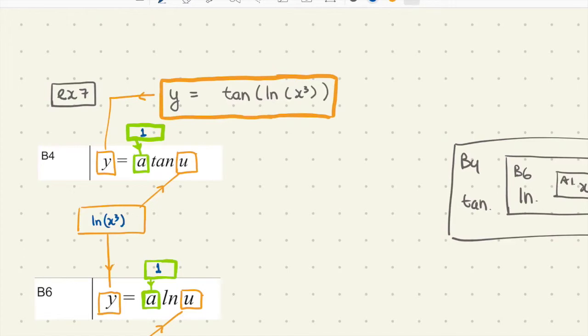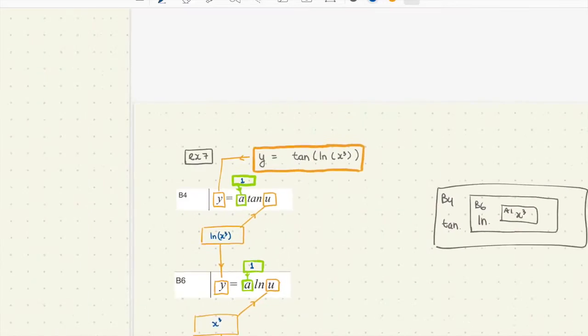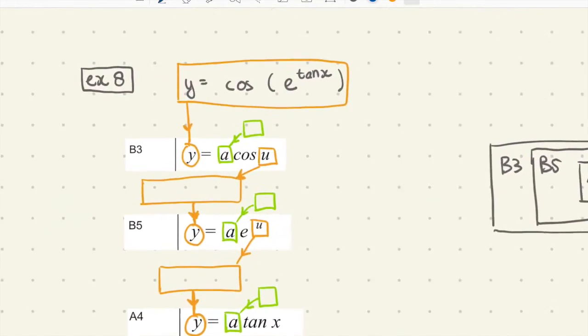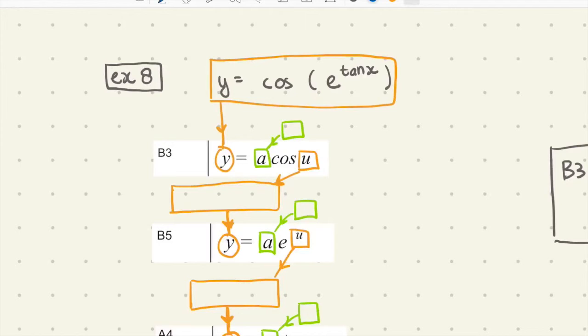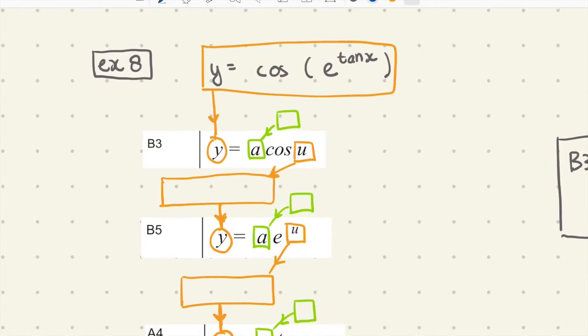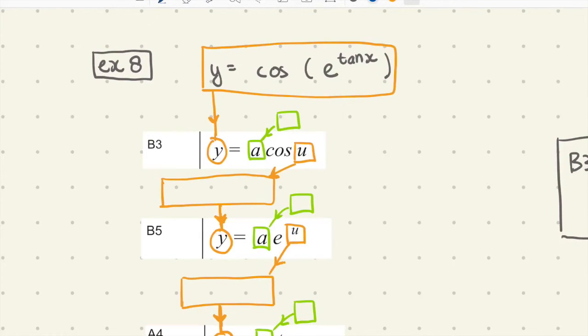Next, I'm going to give a similar example, also quite complicated. Instead of using 2 formulas, we are going to use 3 formulas, like example 7. I read the question, y equals cosine e power tangent x, which means the equation contains cosine, so you're going to apply formula B3.